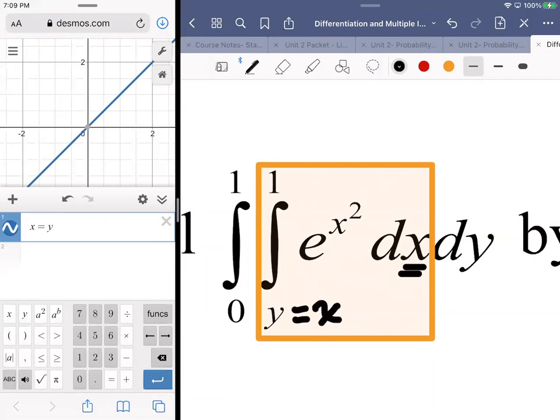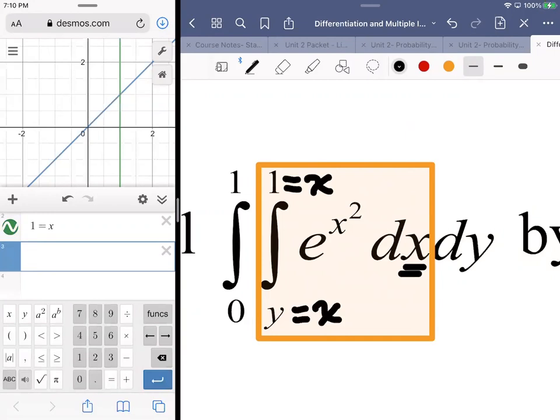Desmos understands that as y equals x, which is the same thing. I wrote x equals y because I'm writing it from right to left, but it really translates to y equals x, and x equals 1. So I can just type it in, and I'm looking at a base region that is triangular.